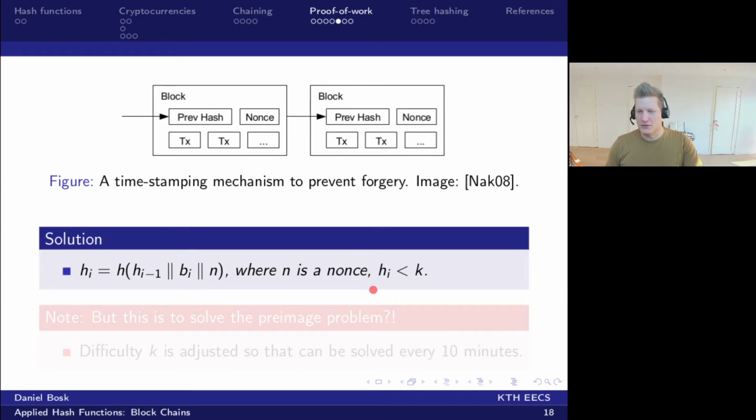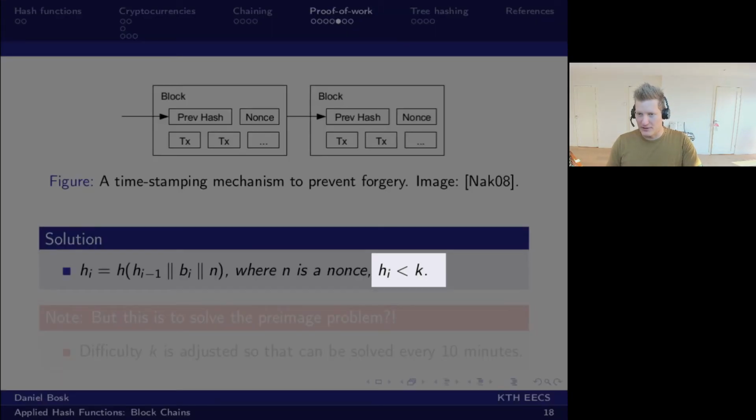And then we also introduce this requirement. And this is what causes the proof of work, because this actually causes quite some work. So what will happen here is that we require the hash, so the image, to be less than a particular value, which means we cannot have just any hash, can't just compute any hash because that might not be less than k.